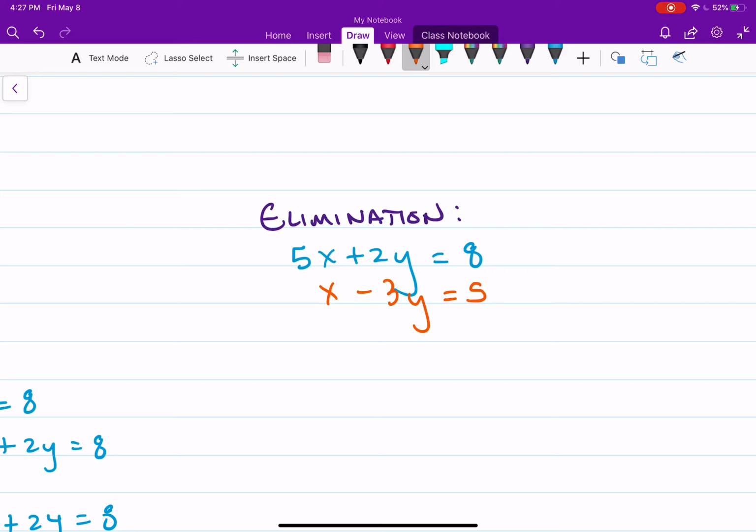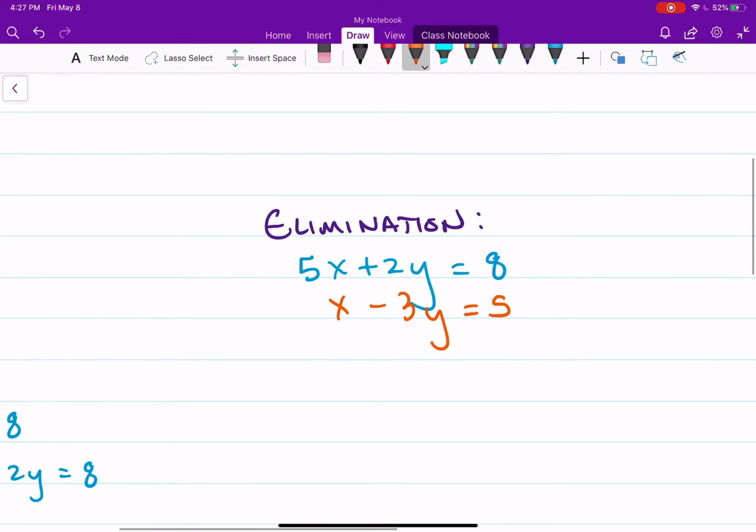I could get the negative 3 to be a negative 6 and the 2 to be a positive 6, and that would get rid of my y. So it's up to you what you want to do. You can multiply both equations by something, or you can multiply only one equation by something.